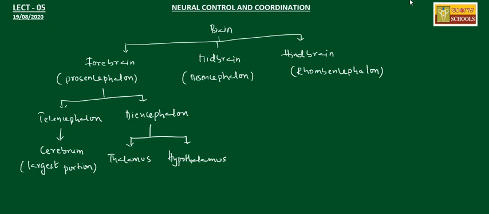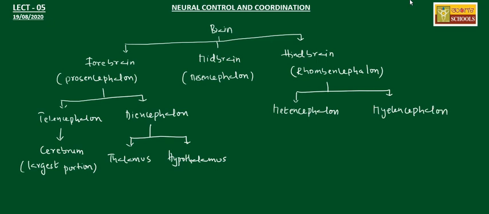And then coming to hindbrain. The hindbrain consists of two parts. One is called metencephalon, and another one called myelencephalon.